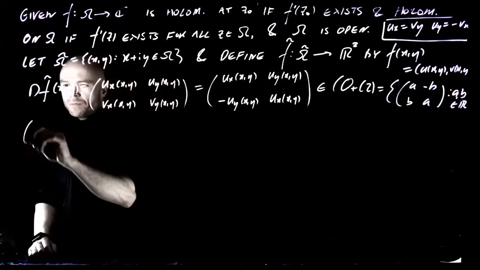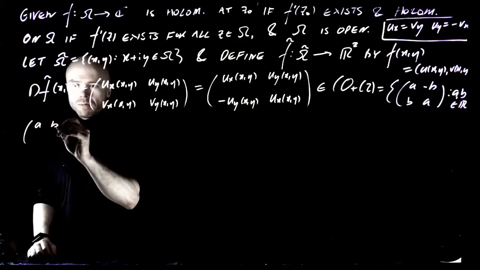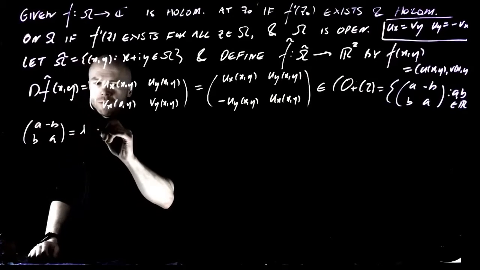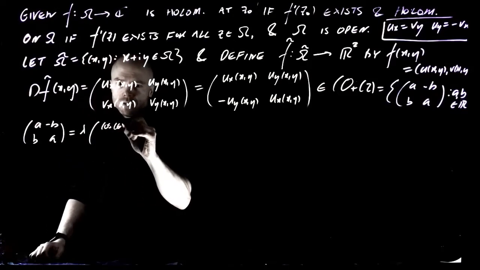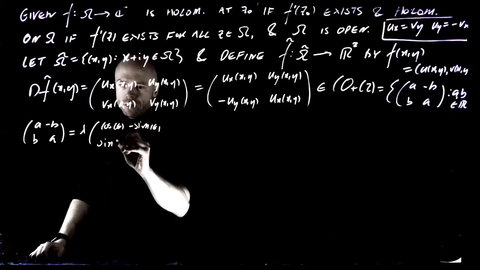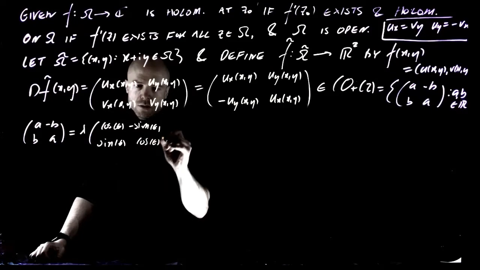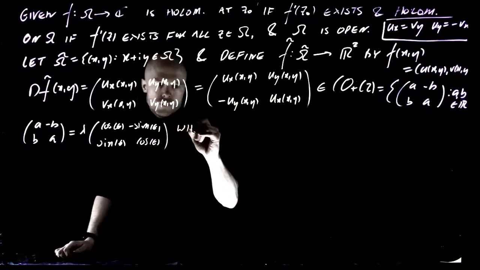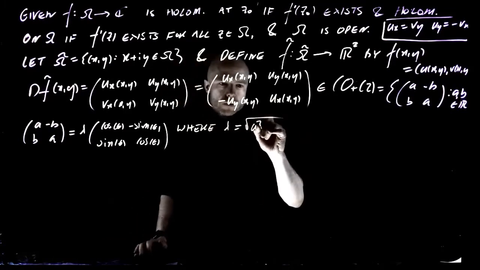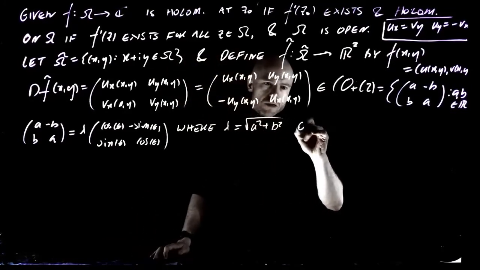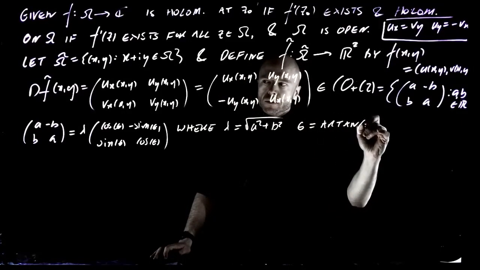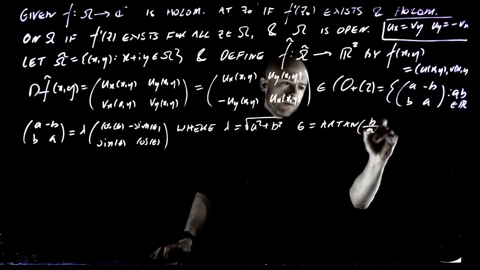So if we have any matrix a, minus b, b, a, then this is just lambda times cosine of theta, minus sine of theta, sine of theta, cosine of theta, where lambda is the square root of a squared plus b squared, and theta is arctan of b over a.